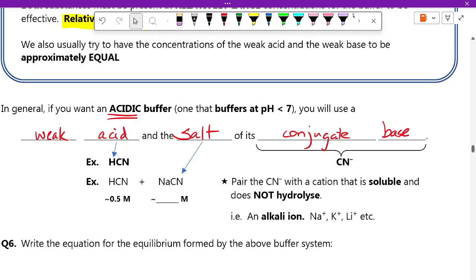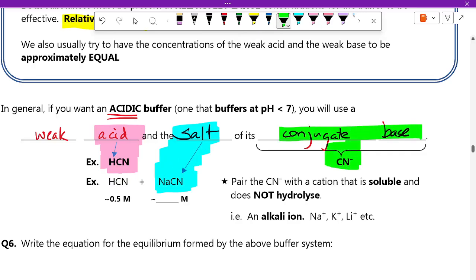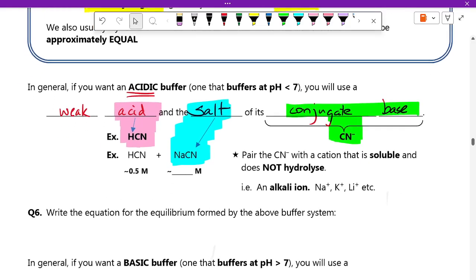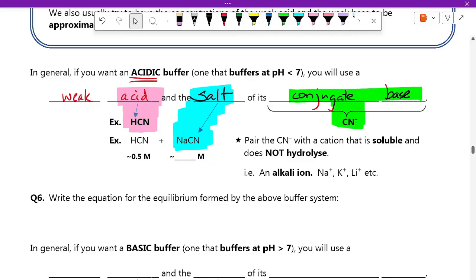Okay, so for example, our weak acid, HCN, our salt is CN minus, and the conjugate base was CN. Write the equation for the equilibrium formed by the above system.